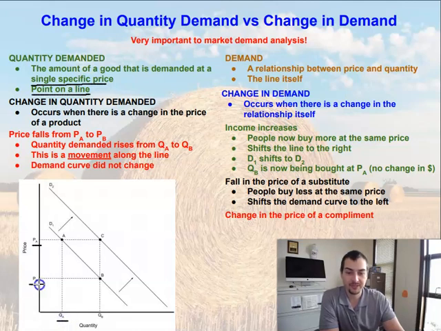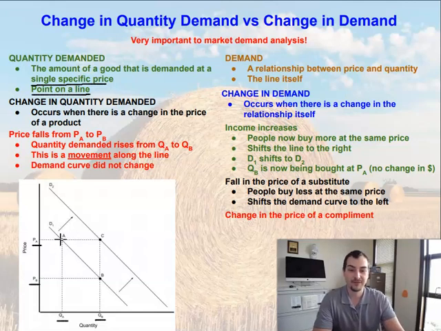At point B, at price B, we demand QB. If we took all of the different prices and all of the different quantities we are going to demand at those prices, they would be rows on that chart. It's a single quantity on that chart, the row rather than the whole chart itself.